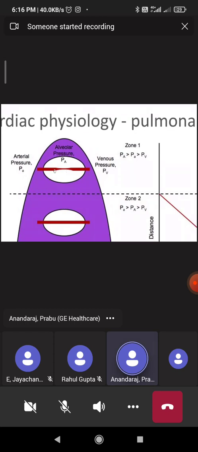So the blood that will be crossing here to here, getting oxygenated and going back, is not good. We are very happy that we are putting a lot of gas using the ventilator, but are we doing any benefit to the patient? The blood is not able to collect it, because the blood flow itself is limited here and oxygenation is impacted.